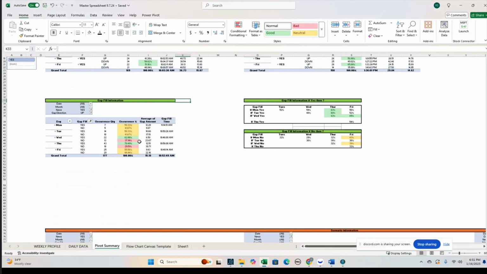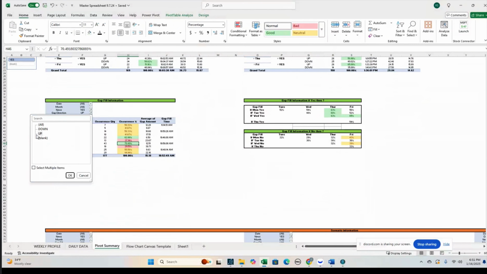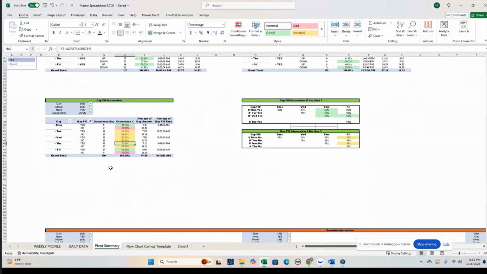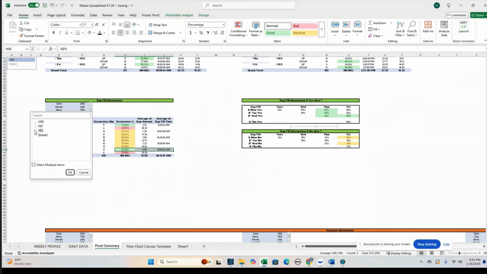All right, now let's look at our news days on gap fills. Today, Thursday, gap fill, we did. 70% chance, 71% or 70% chance. So in days we gap down but we have news, Friday is a big day in which we typically fill the gap.